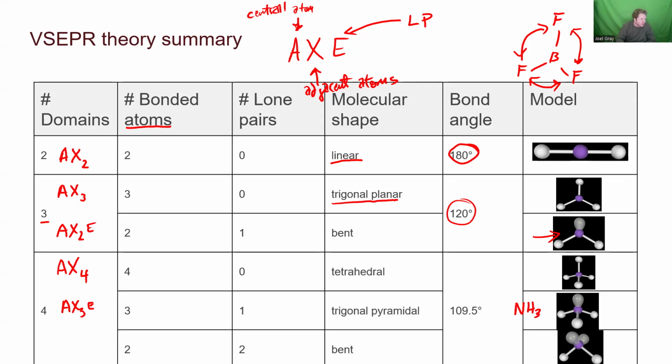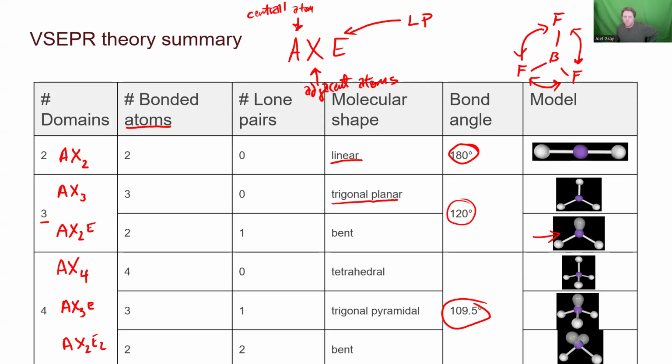Now, last but not least is AX2E2. That would be an example of a bent molecule. And you know what the degree angle is? It's 109.5 degrees. So that's how far these different atoms are.